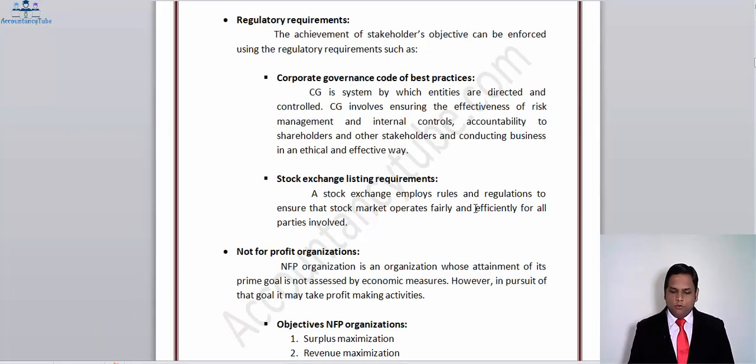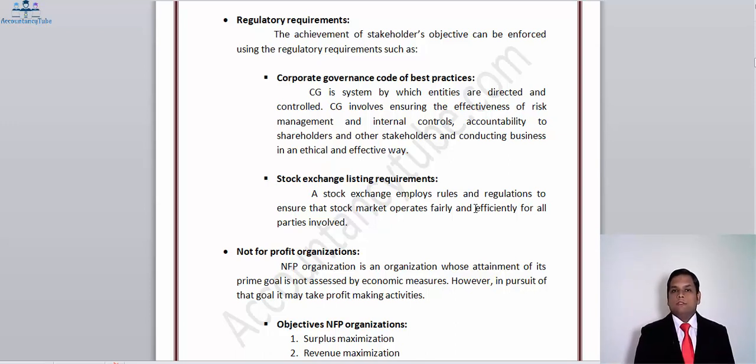First is the corporate governance code of best practices. If you are not familiar with the code of corporate governance, this is the requirement of most of the Securities and Exchange Commissions across the world. It is the best practices conduct, which is being assessed by the respective Securities and Exchange Commissions across the globe.